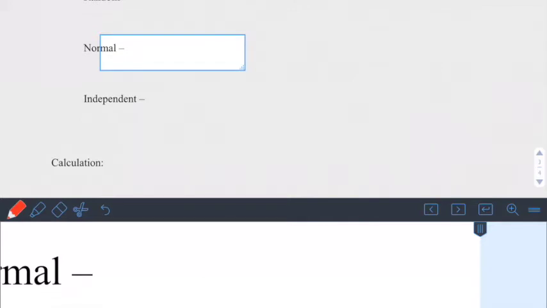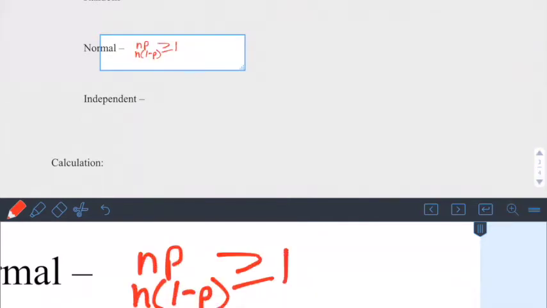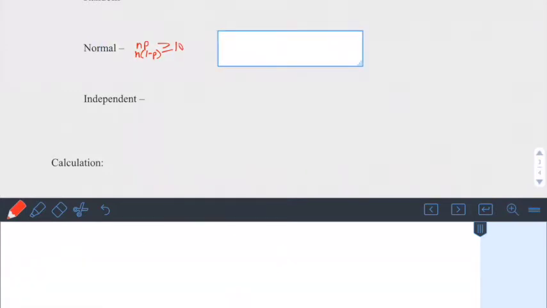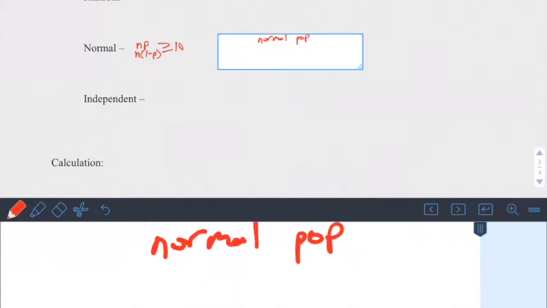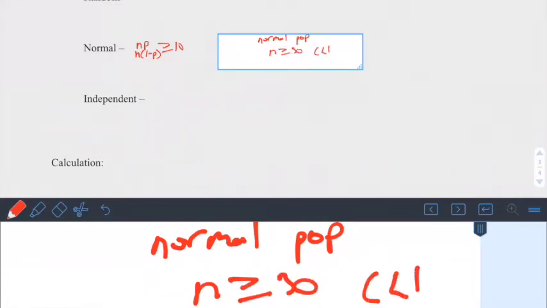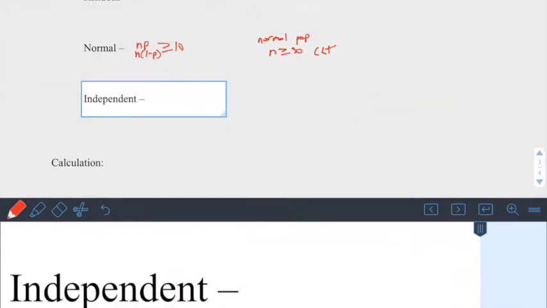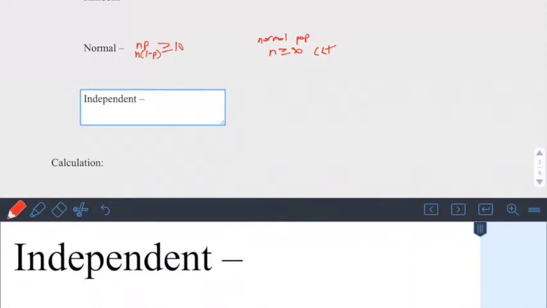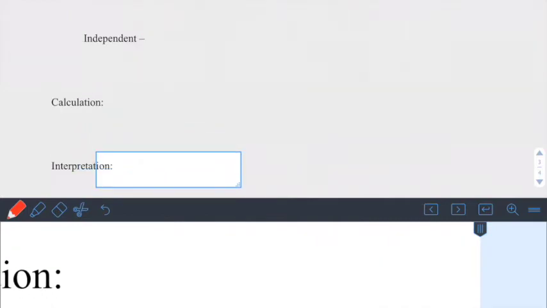We have np and n(1 minus p) are both greater than or equal to 10, or for means, we have a normal population or we have n greater than or equal to 30, and we have that central limit theorem. We need independent samples, and then we do our calculation, and then we do our interpretation that we are blank percent confident that the interval from low to high captures the true parameter in context.